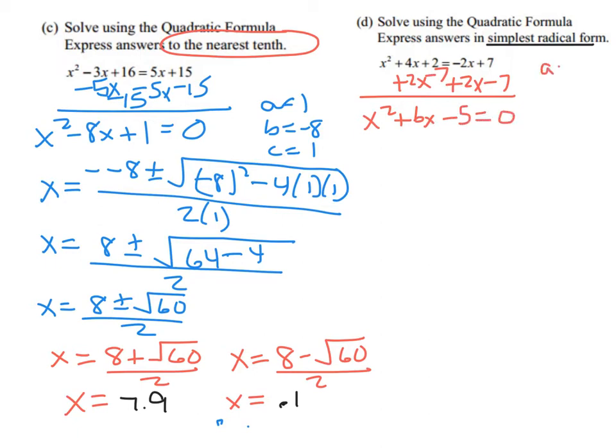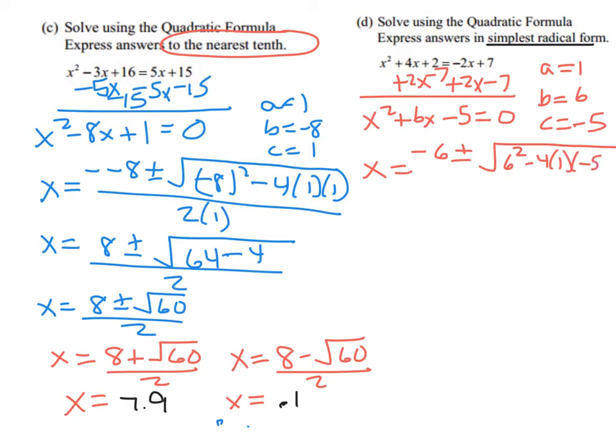My a is 1. My b is equal to 6. And my c is a negative 5. So I will do x equals the negative of b, which is a positive 6, plus or minus square root of b squared, so 6 squared, minus 4 times a is 1, times c is negative 5.